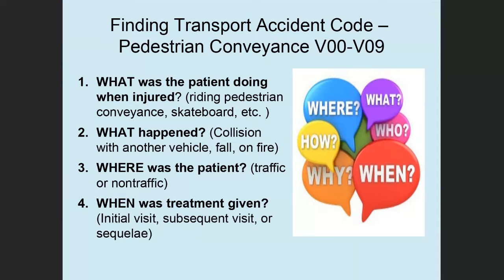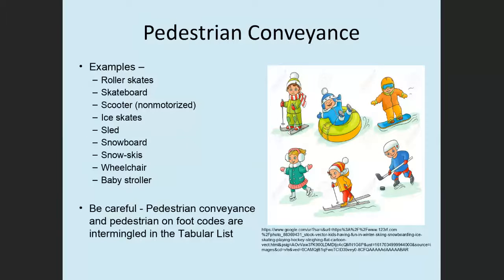And when was treatment given? So what's a pedestrian conveyance? Well, pedestrian conveyance is roller skates, skateboard, scooter, ice skates, sled, snowboard, snow skis, wheelchair, baby stroller, anything that transports a person from one place to another.